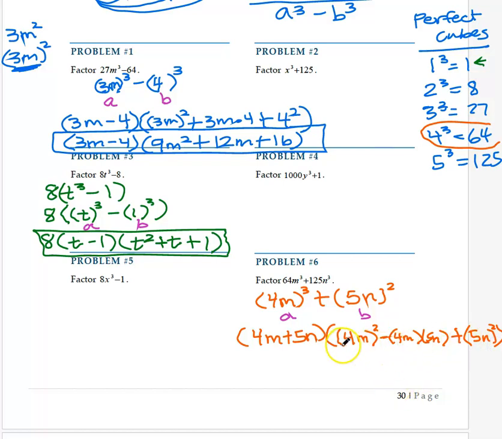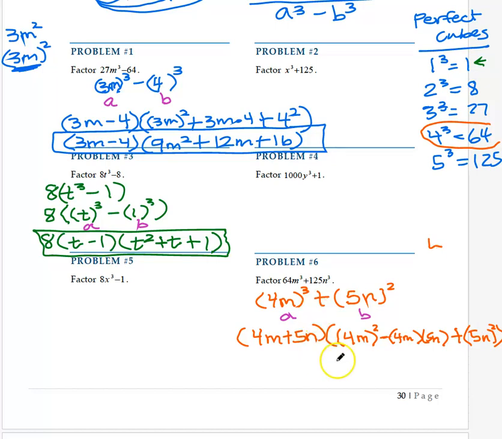All right. And you don't have to write this step down if you can do that part in your head, but be really careful because, like I said, the most common mistake I see here is that people will write that 4m all squared, they'll just write it as 4m squared. And there, only the m is being squared, but we need to make sure that we're squaring both of those things inside.